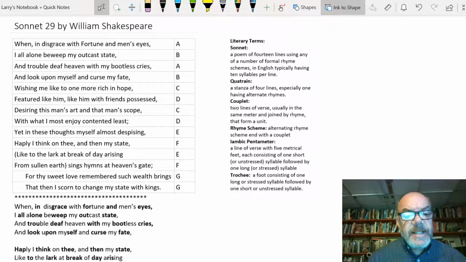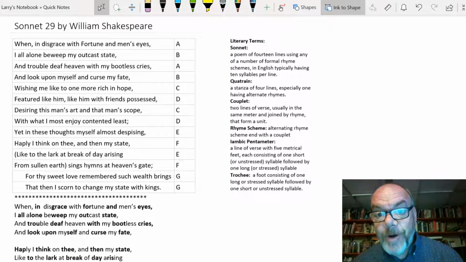Yet in these thoughts myself almost despising, haply I think on thee, and then my state, like to the lark at break of day arising from sullen earth, sings hymns at heaven's gate. For thy sweet love remembered such wealth brings that then I scorn to change my state with kings.